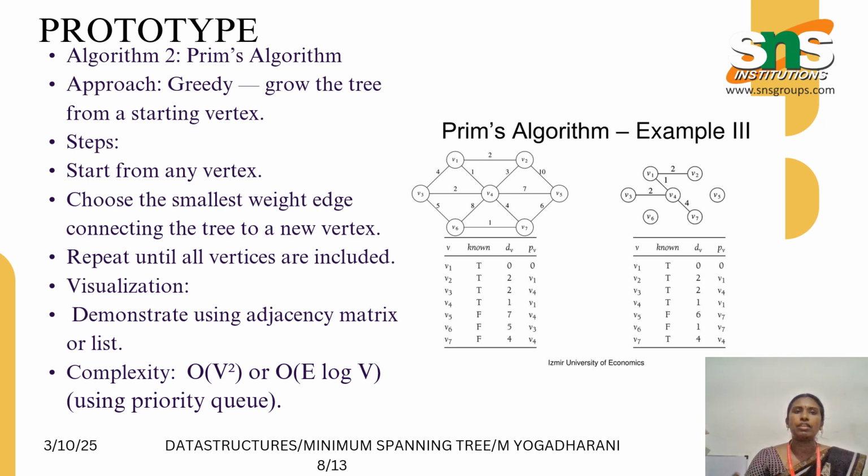Using a priority queue or a min heap makes it faster, and here the efficiency is big O of E log V. Here see the example: nearly 7 to 8 vertices, all connected with each other, and we follow the adjacency matrix. See this example here.